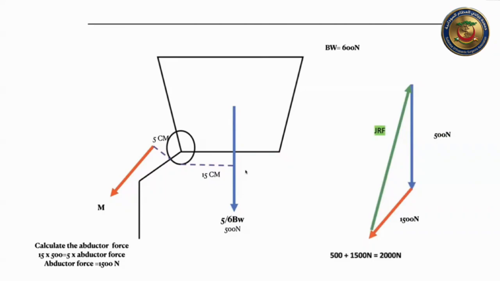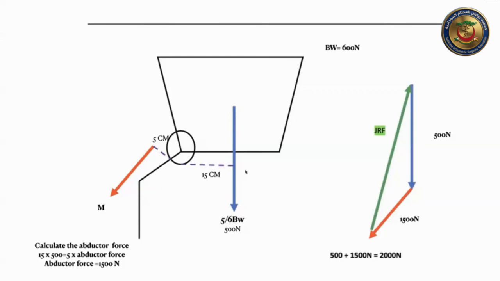But in the single stance, we have to subtract the weight of the limb, which is 1/6 of the body weight. So the remaining 5/6 of 600 Newton is almost 500 Newton. Now, for easier calculation, let us consider the lever arm of the body weight to be 15 centimeters, and the lever arm of the hip abductors to be 5 centimeters.